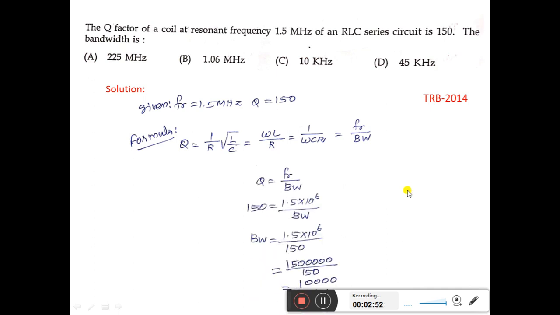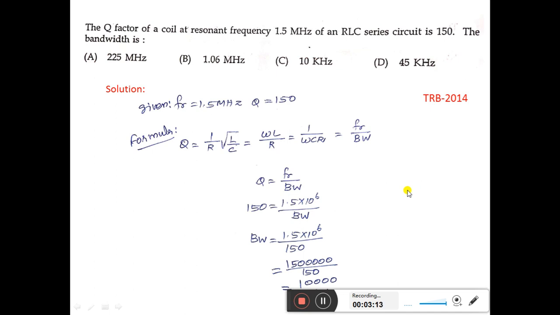So Q equal to resonance frequency FR divided by bandwidth. Q value given is 150 and the resonance frequency 1.5 is given in megahertz, so multiplied by 10 power 6, divided by bandwidth. The question asks to calculate bandwidth. So bandwidth equal to 1.5 into 10 power 6 divided by 150.